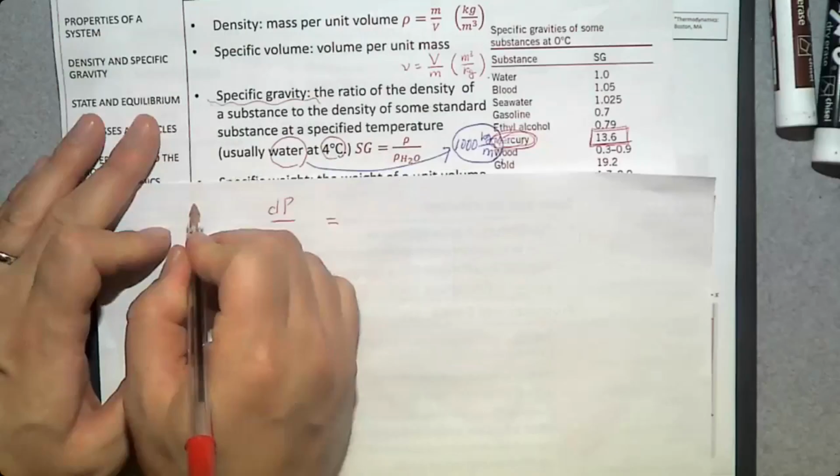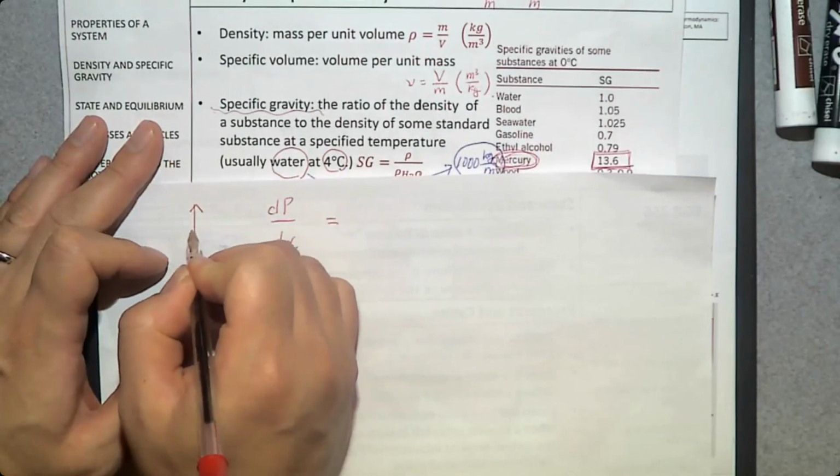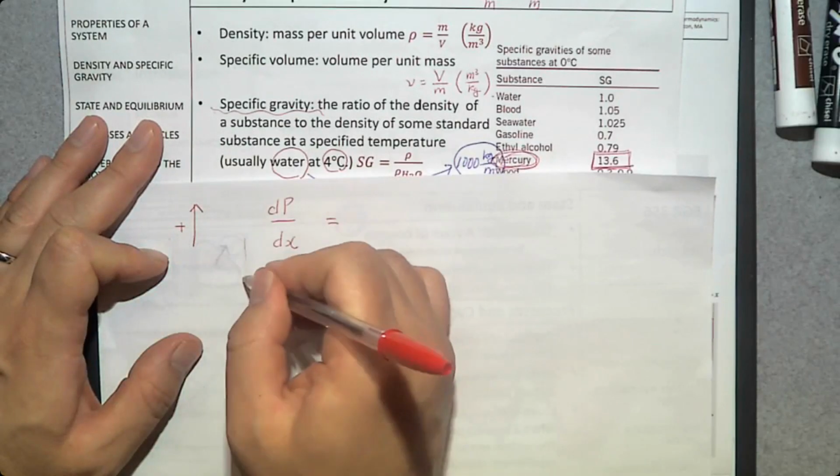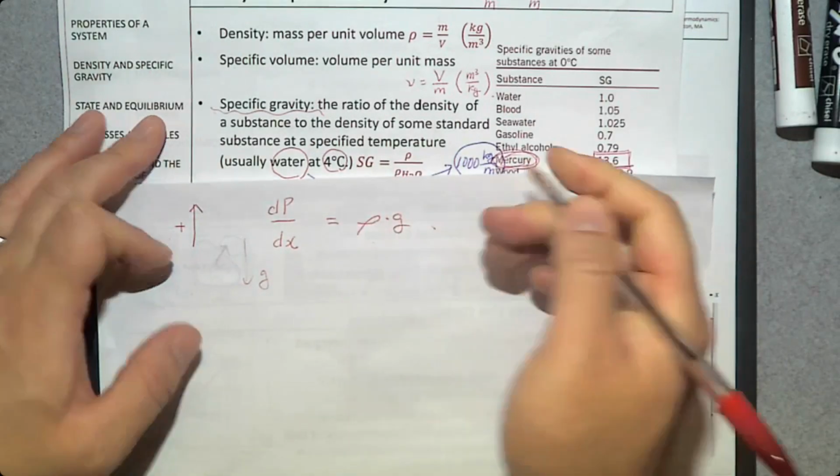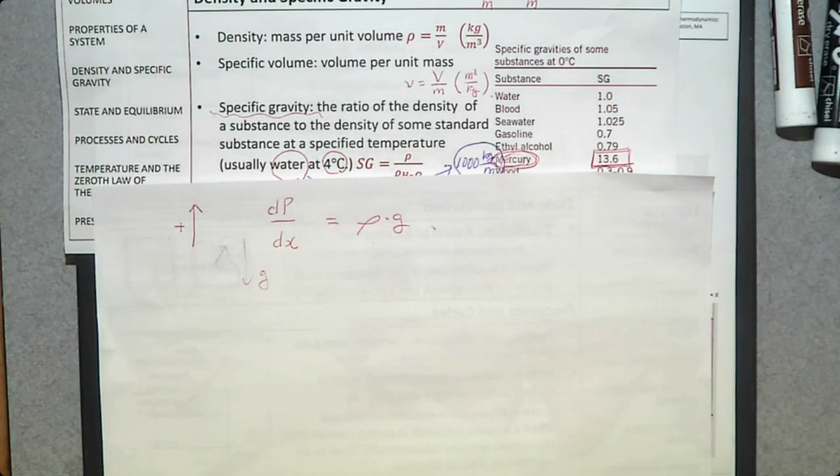Let's assume that going up is the positive direction. Gravity is going downward, so it's going to be density times gravity. That is the change of pressure with respect to x. It's mathematics, but don't worry about that. We are not going to use this differential form.